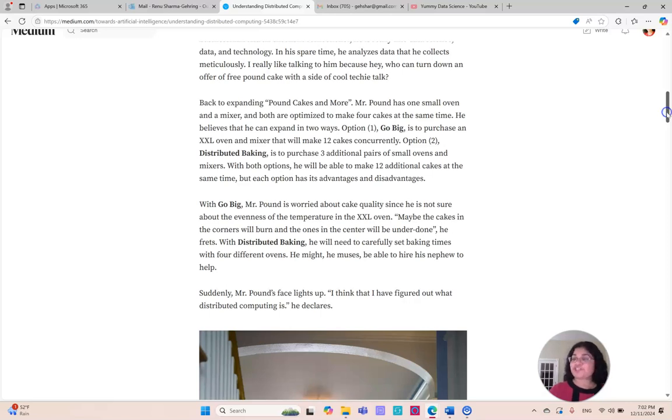Option two, distributed baking, is to purchase three additional pairs of small ovens and mixers. With both options, he'll be able to make 12 additional cakes at the same time, but each option has its advantages and disadvantages.